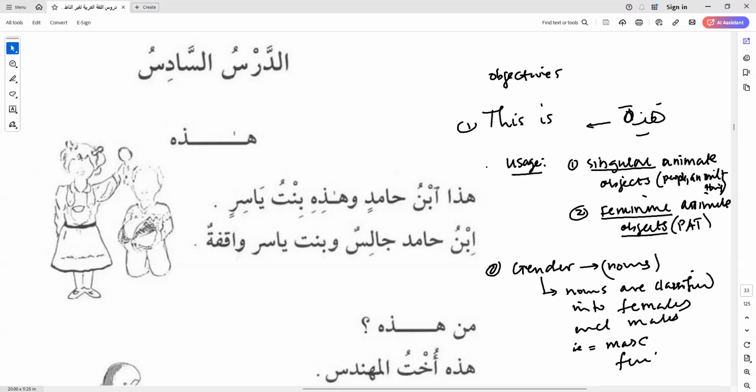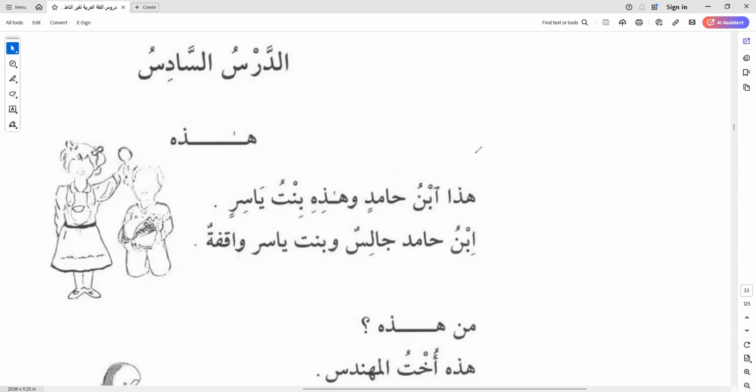So let's get started with, as always, the passage from the book. The first statement is هذا ابن. Remember this alif here is called the conjunctive alif, meaning it connects.